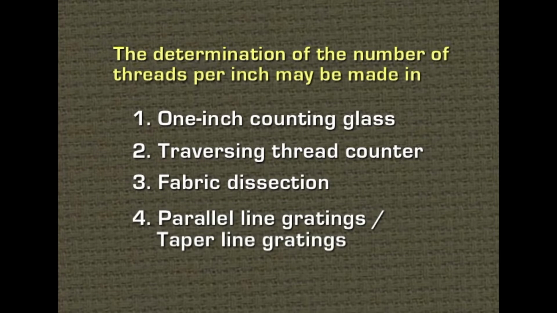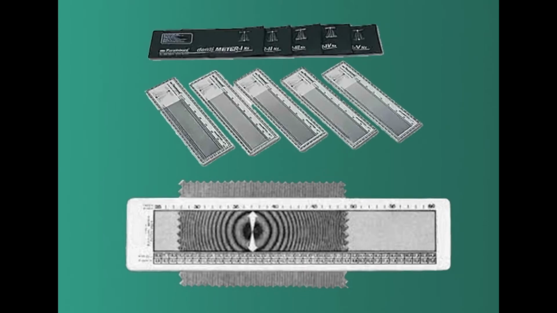And then we have another method, by the use of parallel line gratings or taper line gratings. This is a very rapid optical method in which fine parallel lines are present, and these correspond to the warp and weft threads.